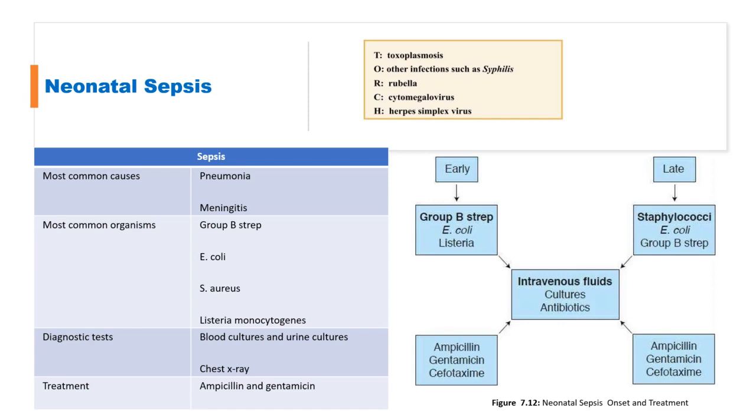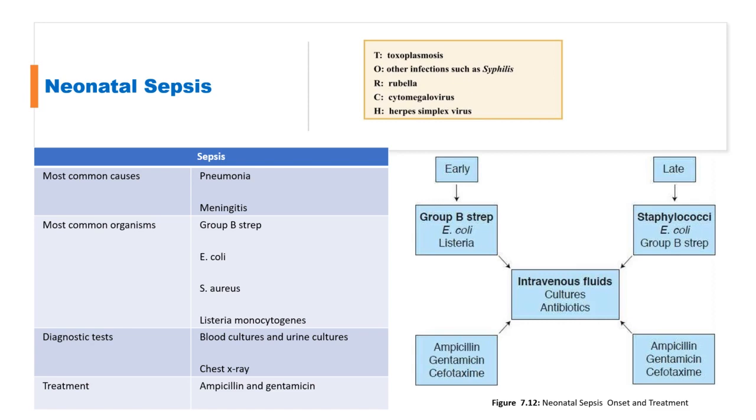So let's go over neonatal sepsis. The most common causes are pneumonia and meningitis. The most common organisms are A, group B strep, B, E. coli, C, Staph aureus, and D, Listeria monocytogenes.